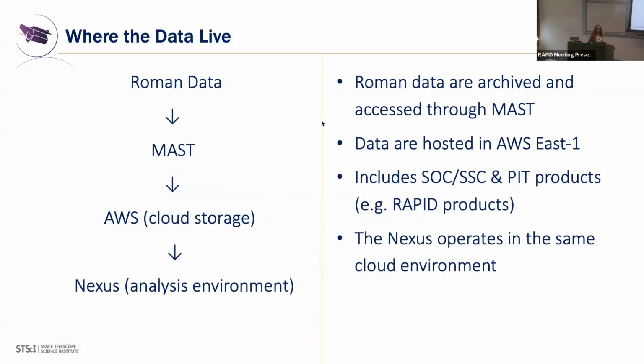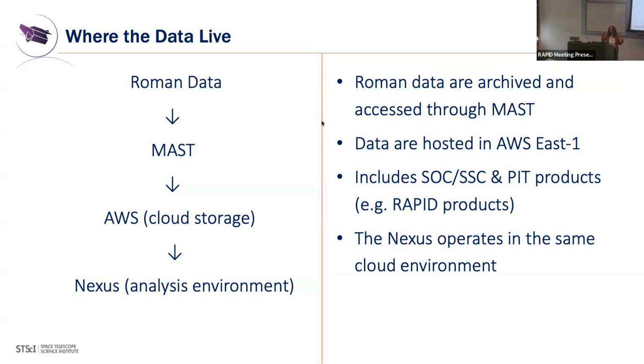Okay, before we move forward, I want to clarify one thing. There is one key misconception that's been going around that data will be hosted on the Nexus. That is not correct. The data will be archived in MAST and will be hosted on AWS us-east-1, okay? This will be all the data. It includes the SOC and SSD products, so images, stacks, catalogs, spectra, everything will be available there, and includes also the PIT products.